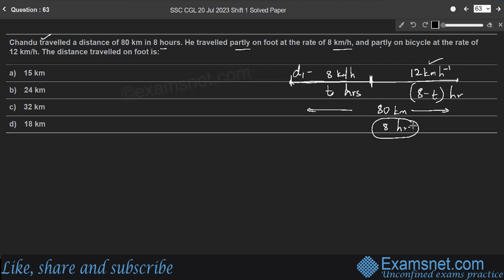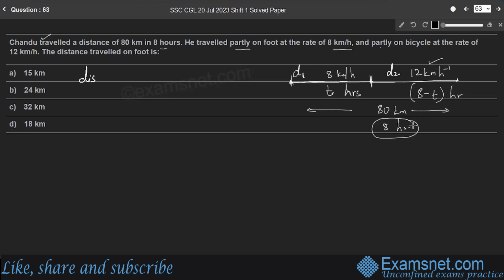Let D1 be the distance covered on foot and D2 the distance covered on bicycle. To find D1 and D2, speed is distance by time, so distance is speed into time.